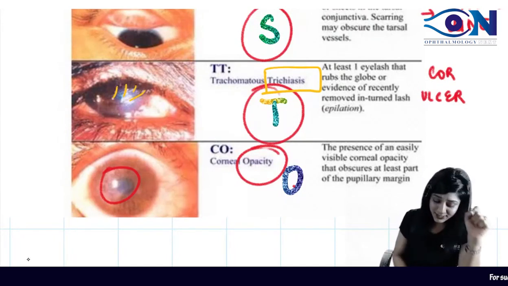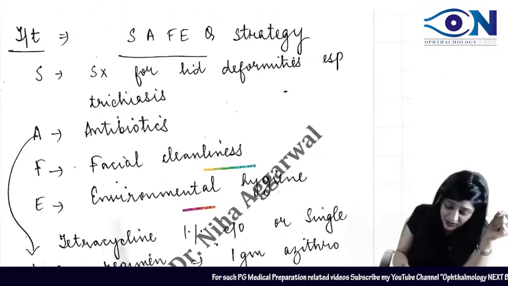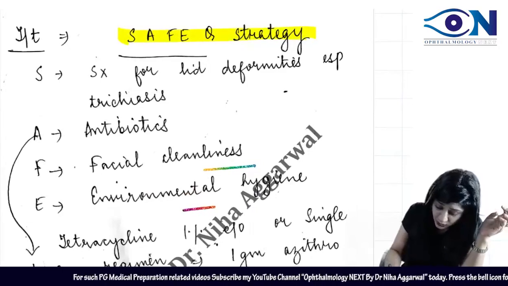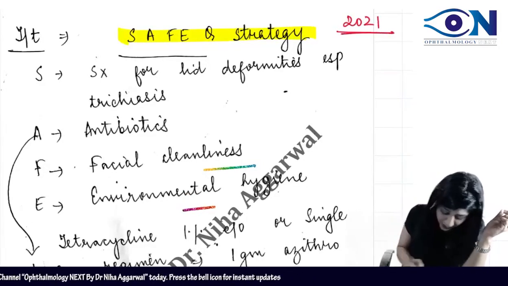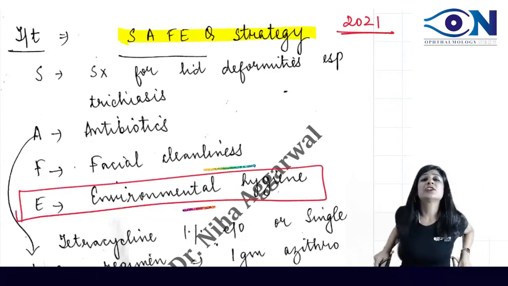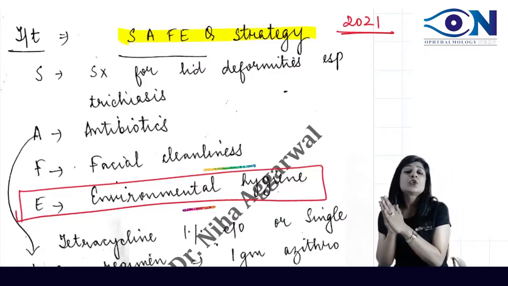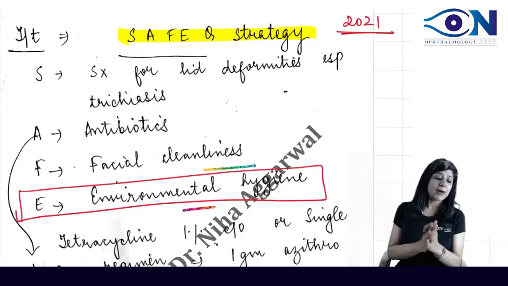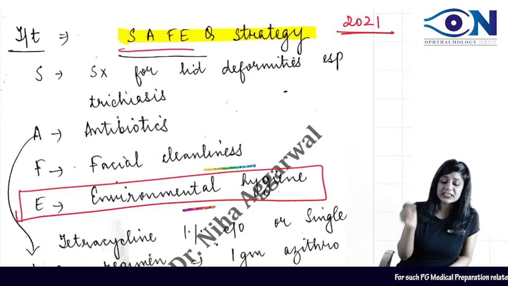Very, very important. Another important aspect is the SAFE strategy. Recently there was a question on this in 2021 also, where they had changed this E and they had asked which of the following is not correct. So this SAFE strategy, which is amongst the rural part, the PSM part of the trachoma, again very, very important, we are following the SAFE strategy.